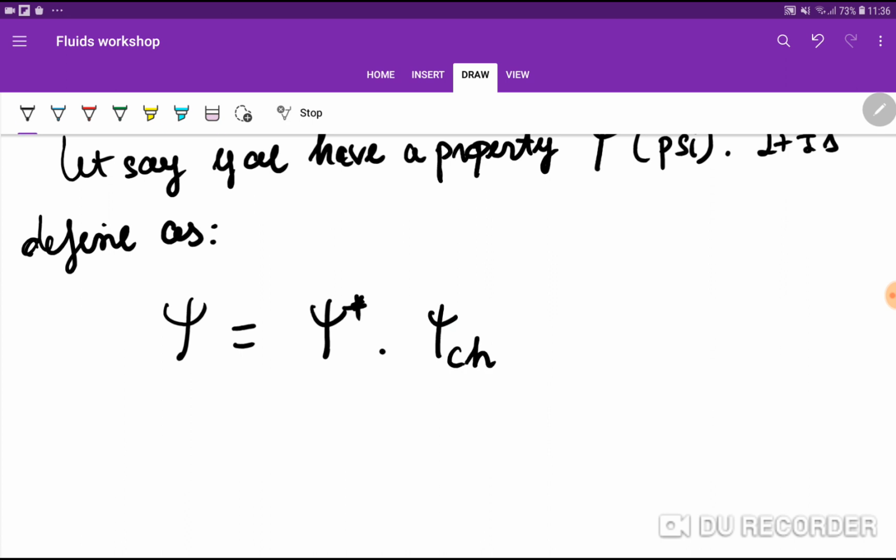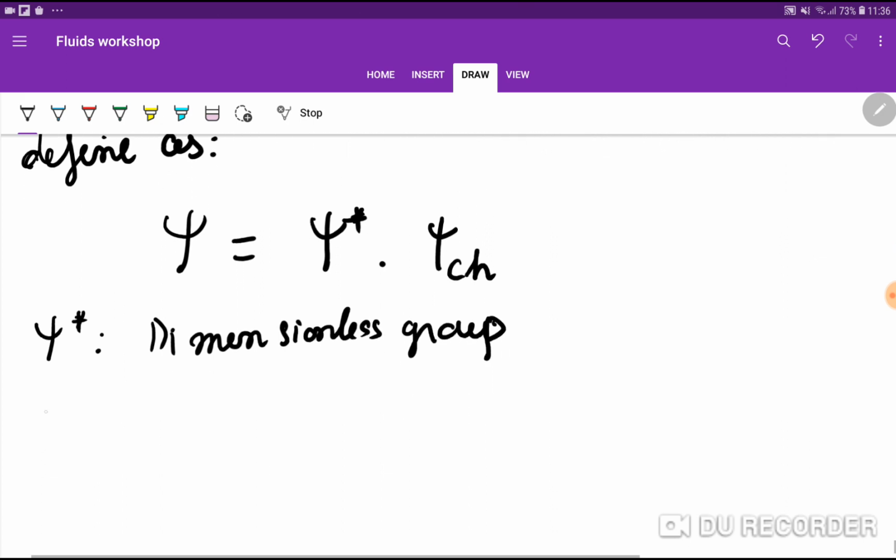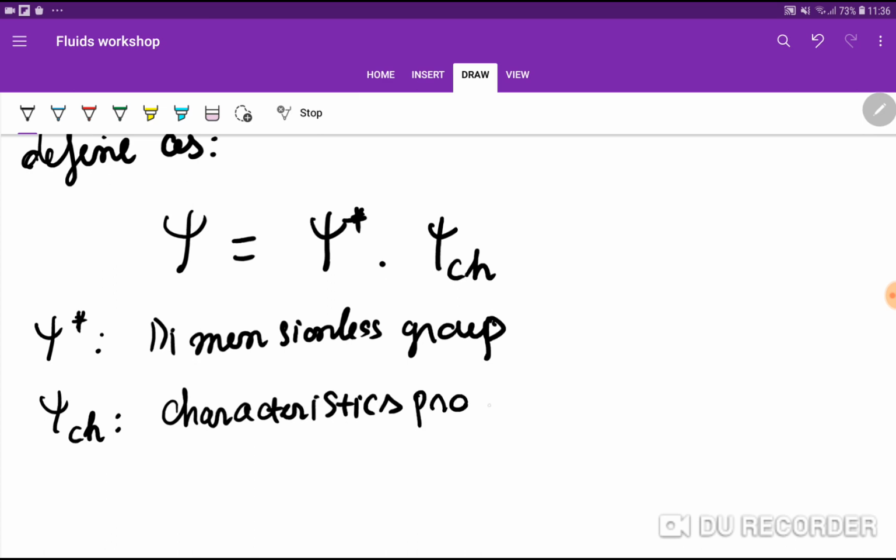Okay, so what is psi star? Psi star is the dimensionless group. And what is psi CH? Psi CH is the characteristic properties.